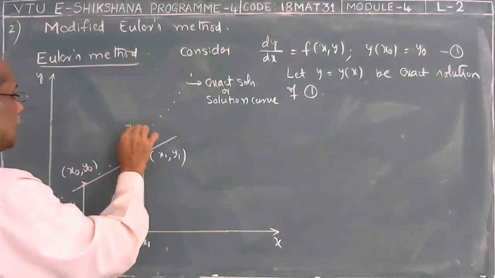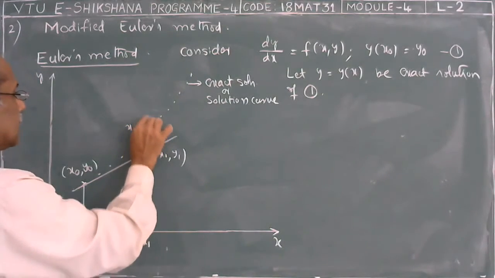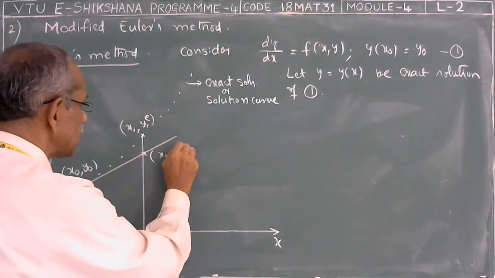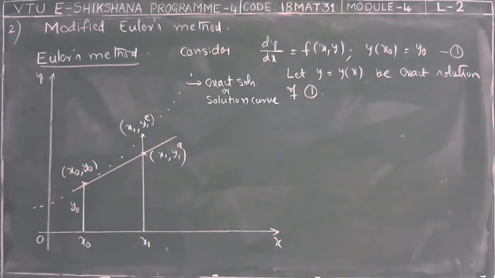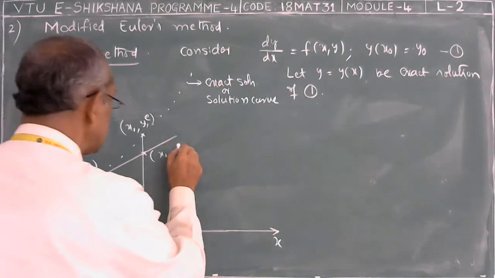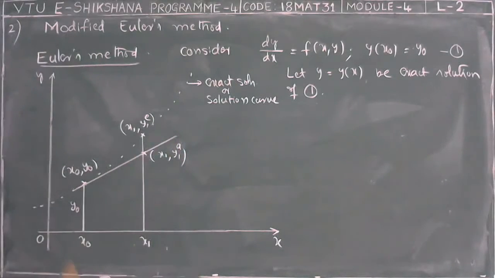So here x1, y1 is the exact value. This is the approximate value, y1 approximate value of y at x is equal to x1. This is the exact value of y.